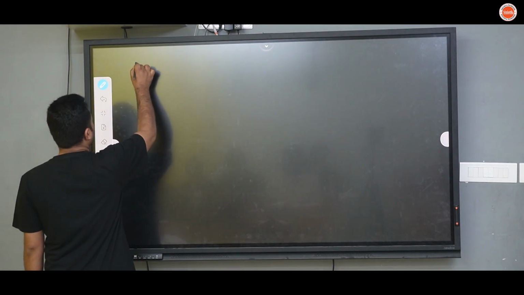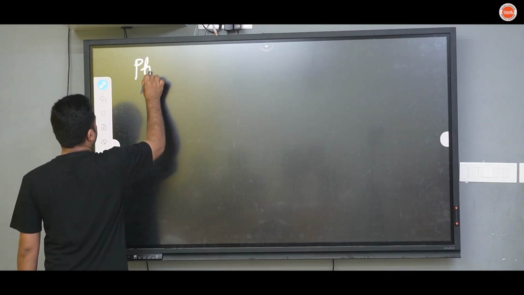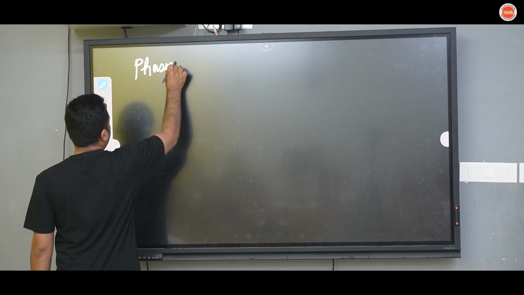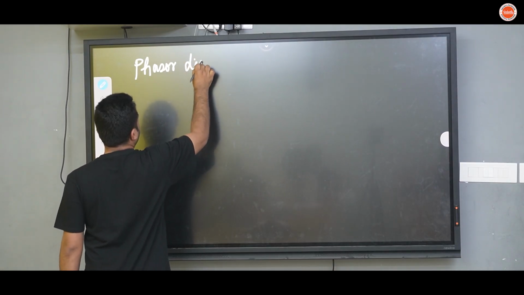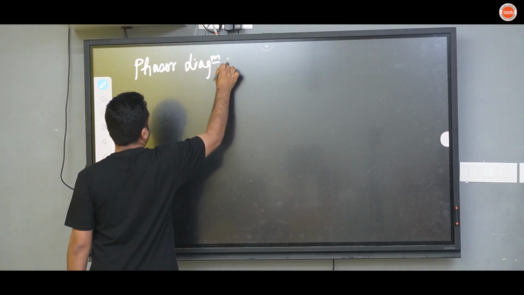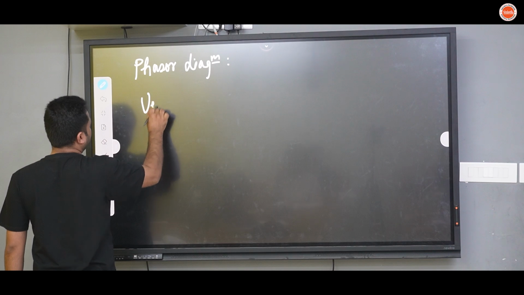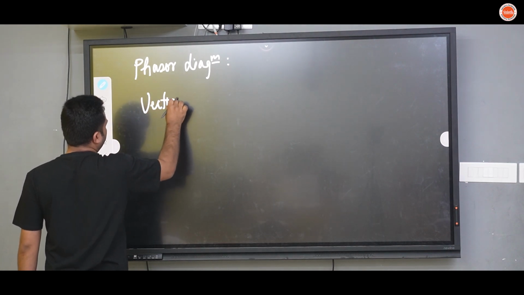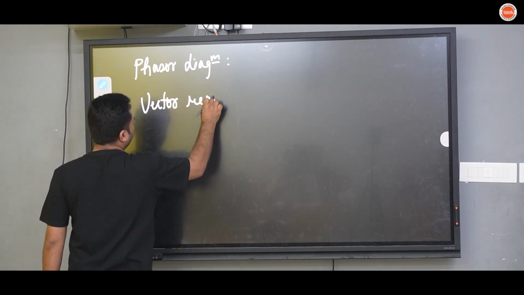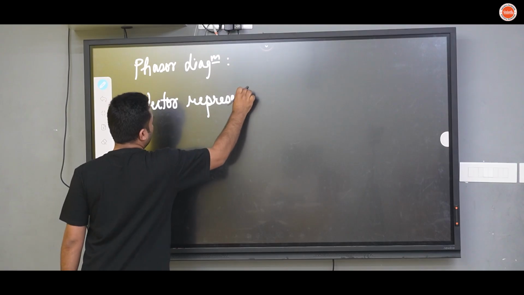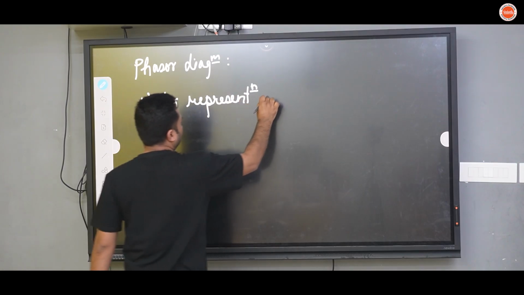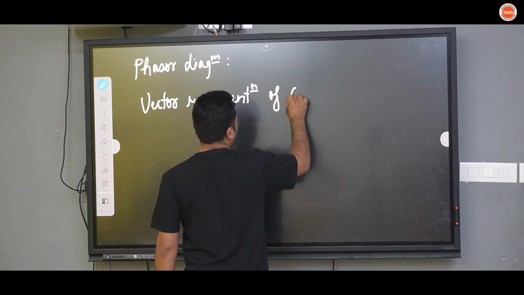We have one thing called phasor diagram. Now what is a phasor diagram? It is a vector representation of current and voltage.